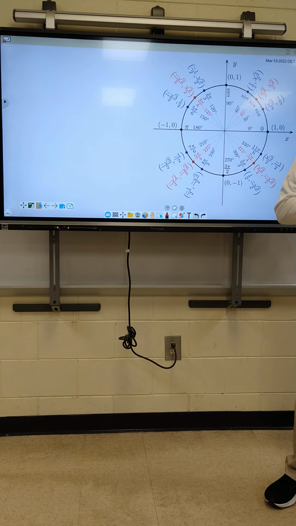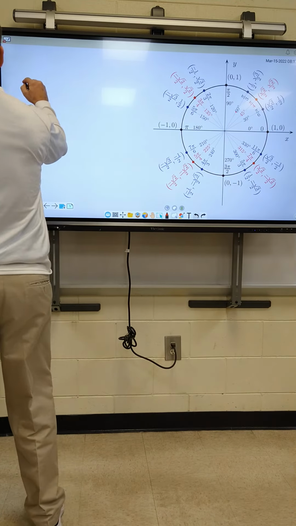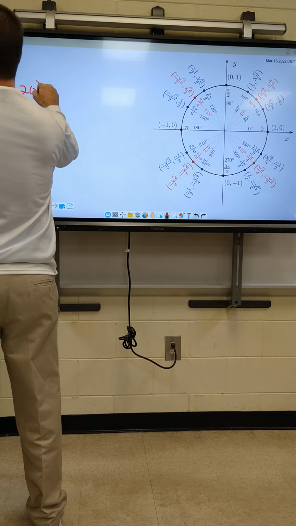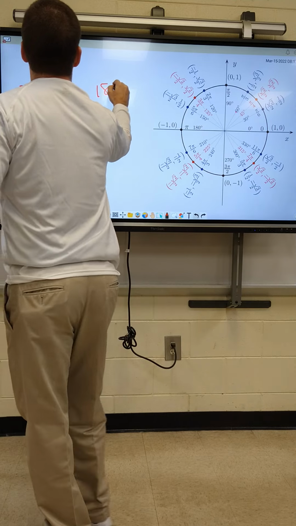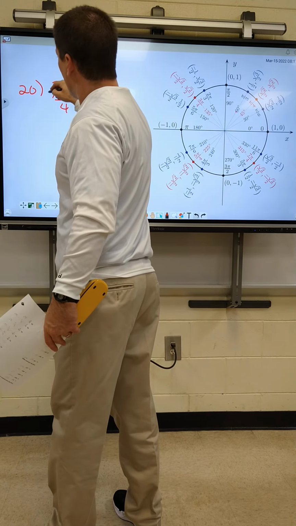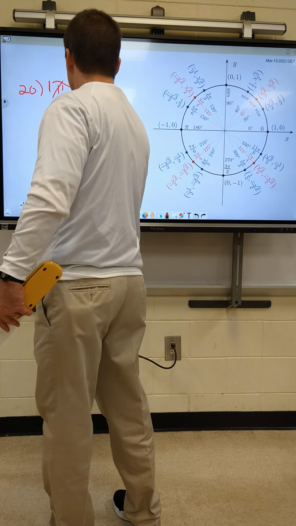I got pi over 4. If you take out the pi, then it's 1 over 4 times 180. Let me show you. If it's pi over 4 times 180 over pi, and you take the pi's out of them, there's still a 1 right there. So you have to type in 1 over 4 times 180.